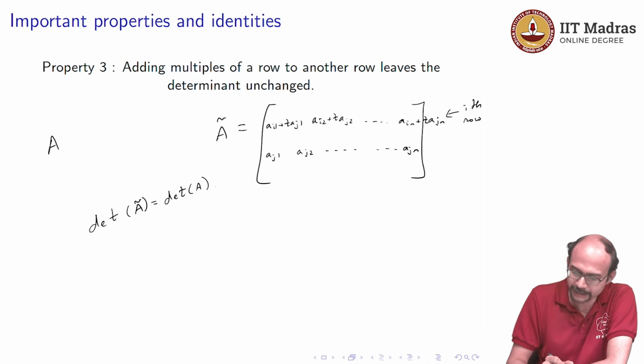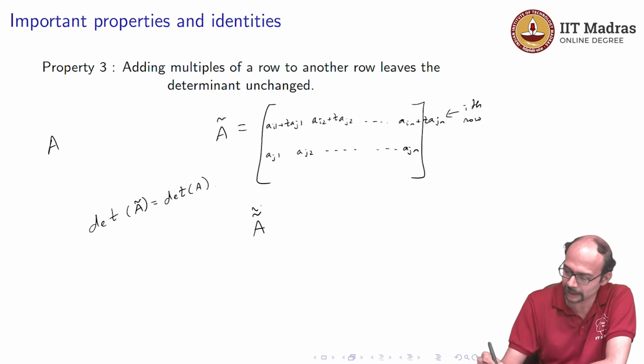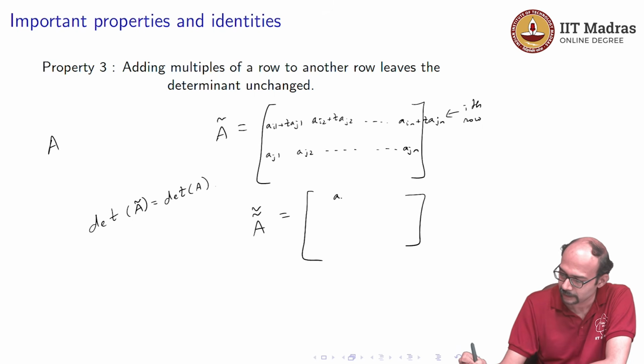Okay, so one can do this also for columns. So for columns, let's say if I want to add t times the lth column to the kth column, then we'll get a1k plus t times a1l, a2k plus t times a2l, and so on, ank plus t times anl.